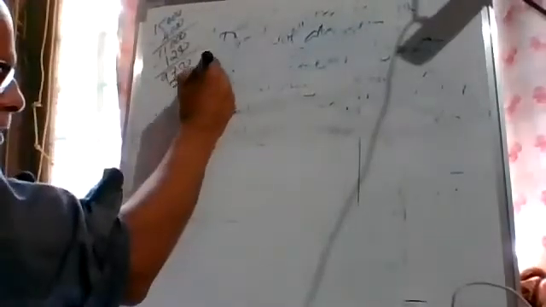From 9750 we are deducting 780. It will be 8,970. This is the status. So in your notebook also, this summary should be there. We have to use that.